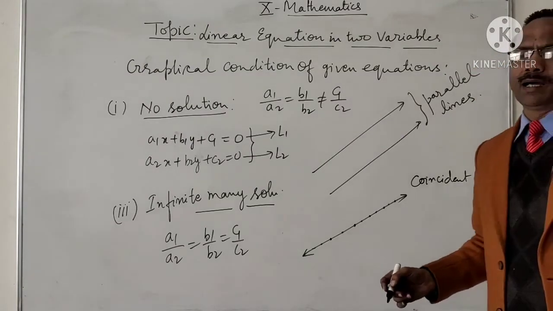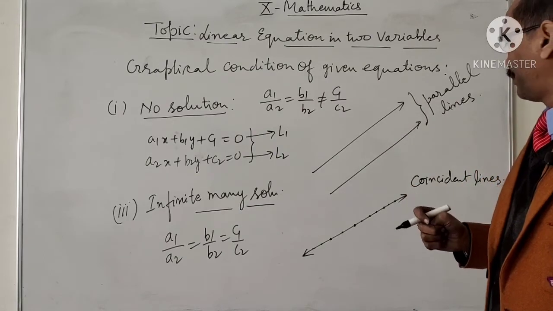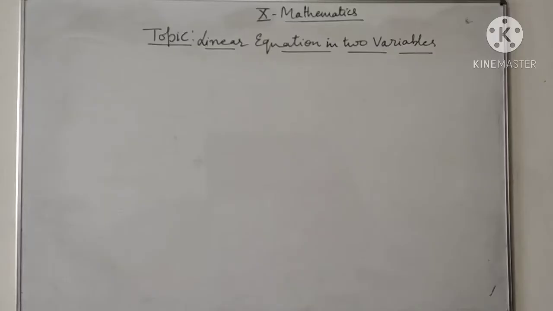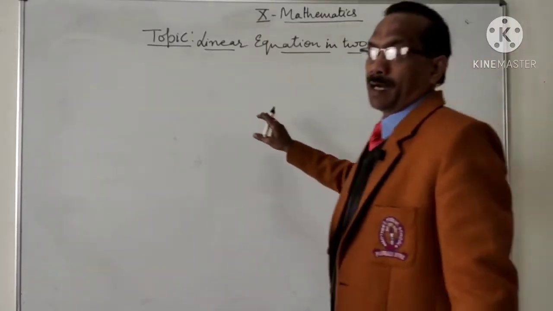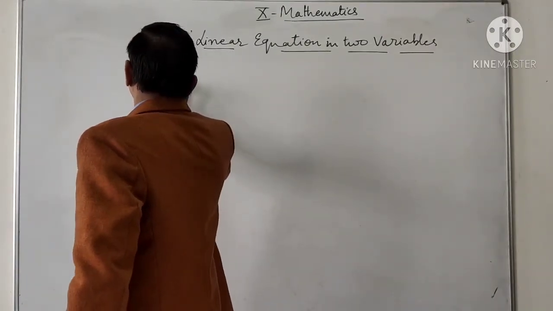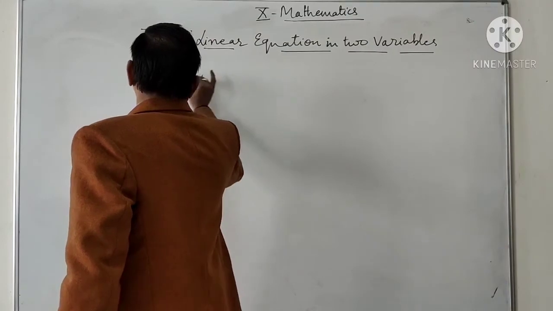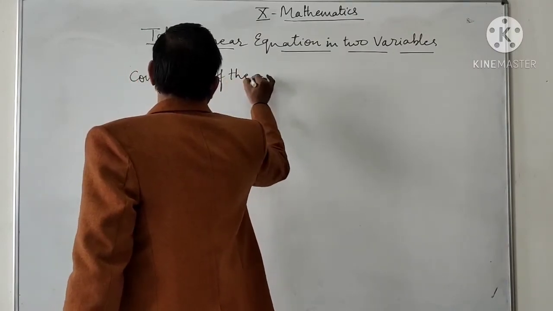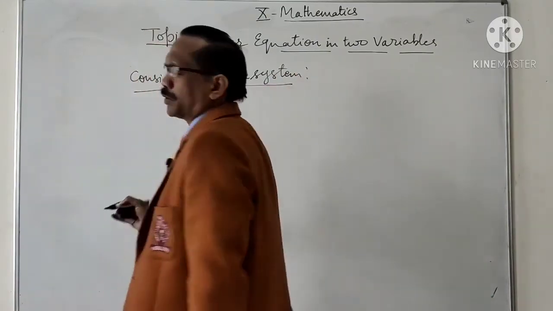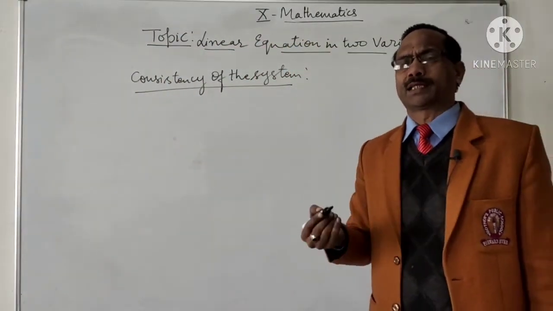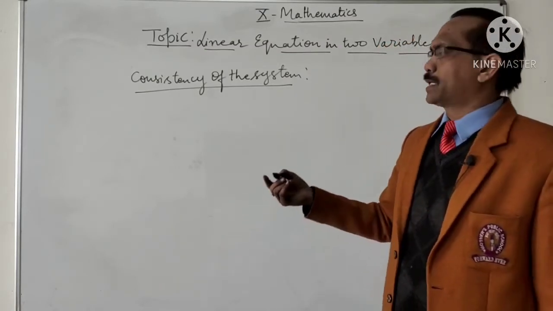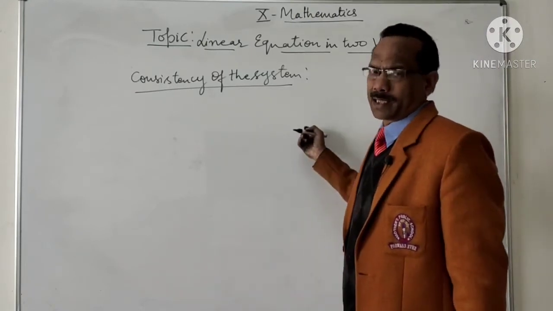If we see the consistency of the system, student, whenever we get a solution, either a unique solution or infinitely many solutions, then the lines are said to be consistent.